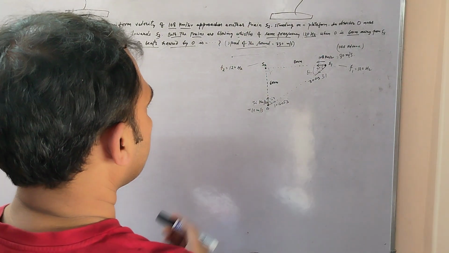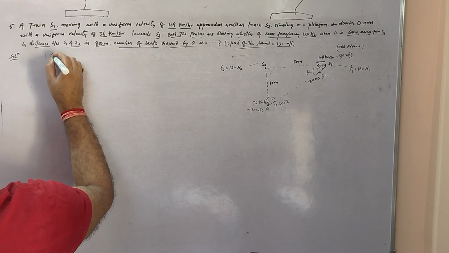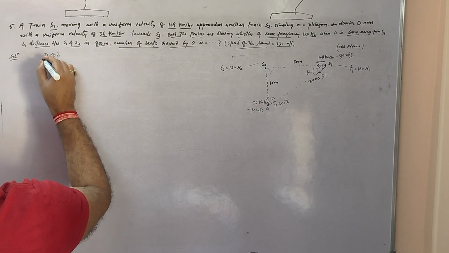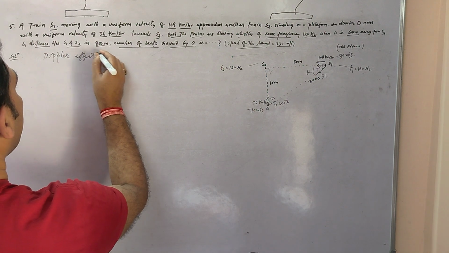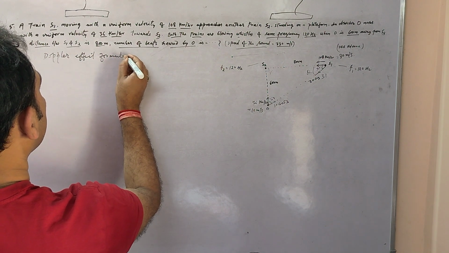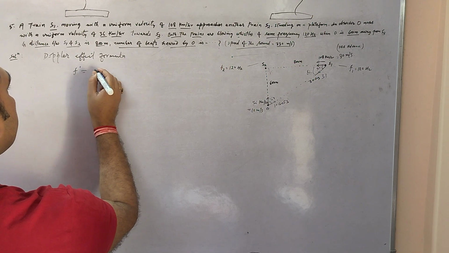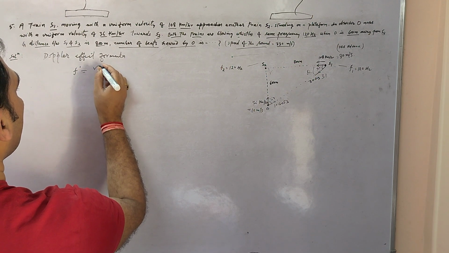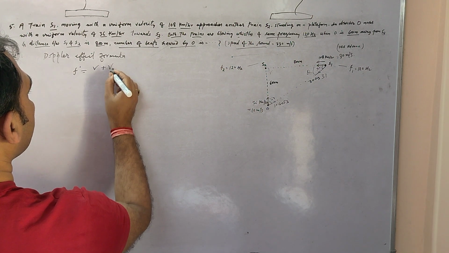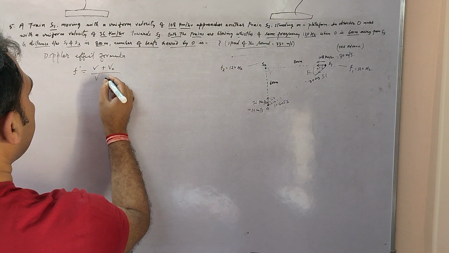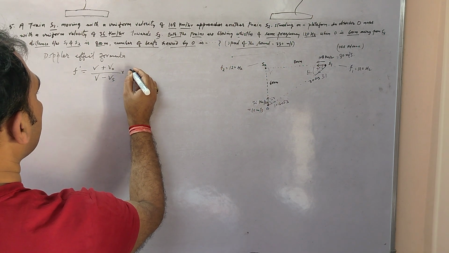So obviously this is the case of Doppler's effect. And what is the formula for Doppler effect? Observed frequency will be equal to speed of sound plus velocity of observer upon speed of sound minus velocity of source, into actual frequency f.